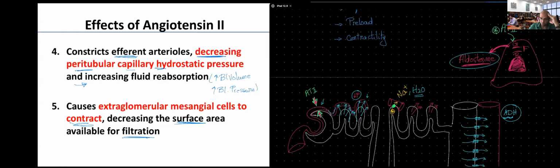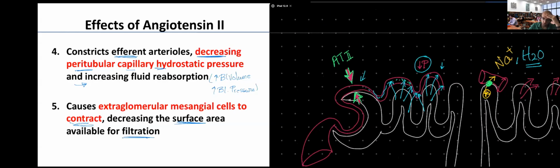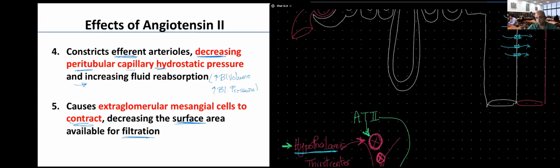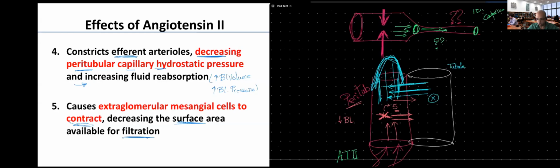Another action that we've seen for angiotensin II was to constrict the efferent arteriole, and as I constrict the efferent arteriole, this will cause a drop in the hydrostatic pressure of the peritubular capillaries, allowing fluid reabsorption into my blood, and as a result, an increase in blood volume resulting in an increase in the blood pressure.